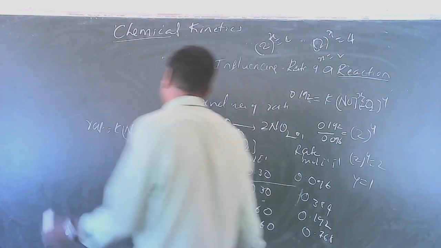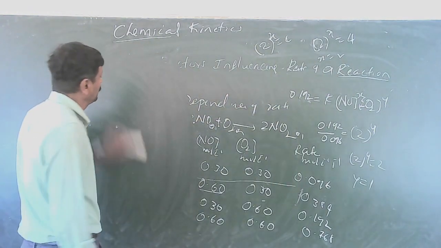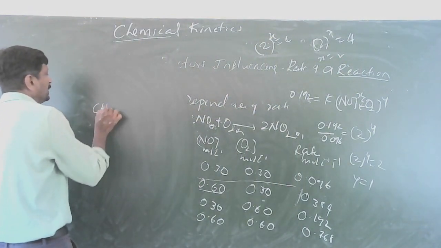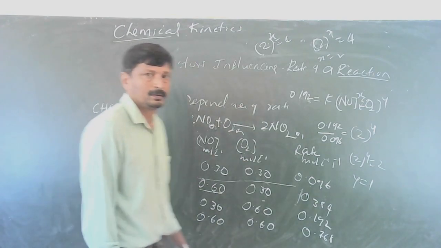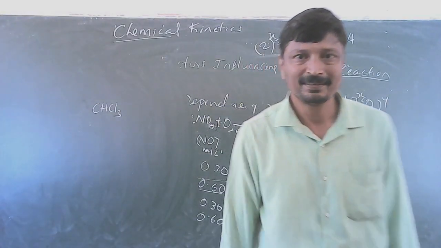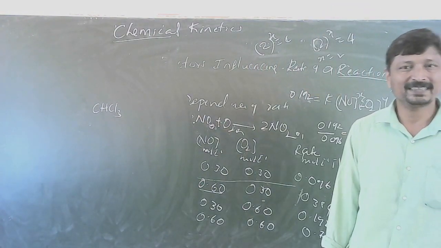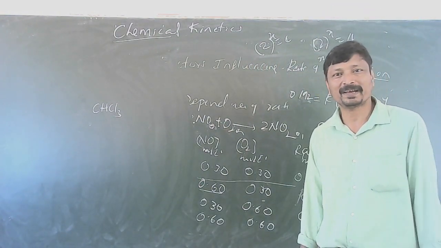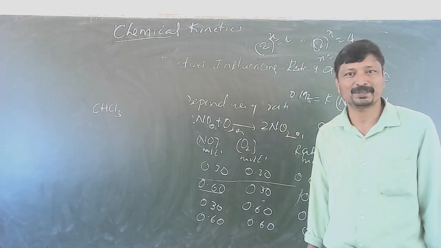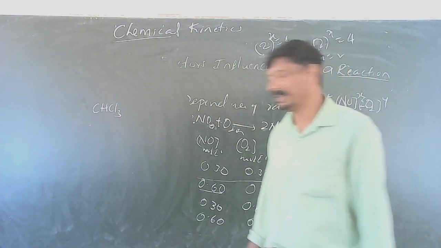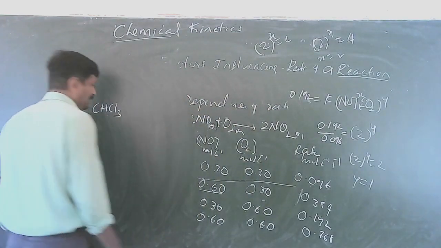For example, I will write one more case. What is CHCl3? You know what CHCl3 is? It's chloroform. CHI3 is iodoform. Iodoform reaction, chloroform reaction, or haloform reaction you studied. CHCl3 is a local anesthetic.